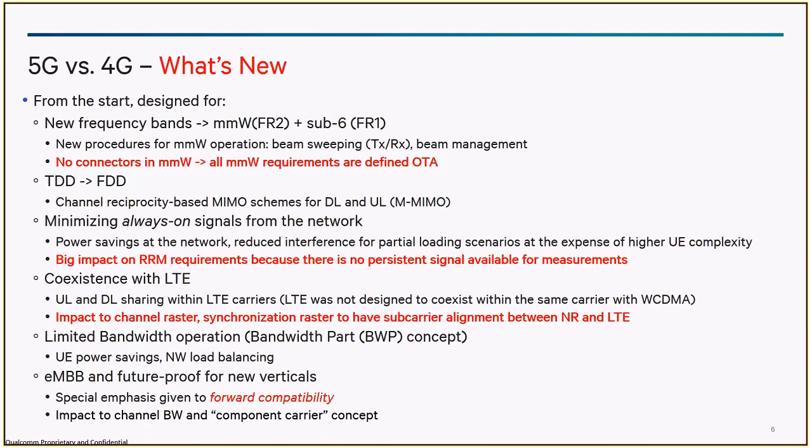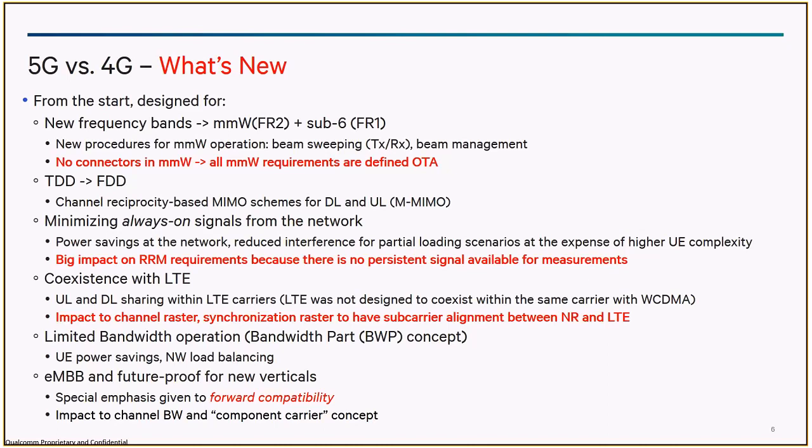Apart from that, in LTE, as and when you upgrade your release and move to the next version, the handling of a release 8 UE in a release 12 network is not very straightforward. But what 5G tries to do is, right from release 15, say these are some of the concepts.